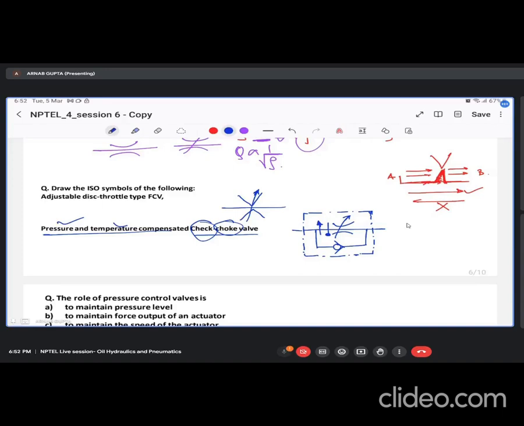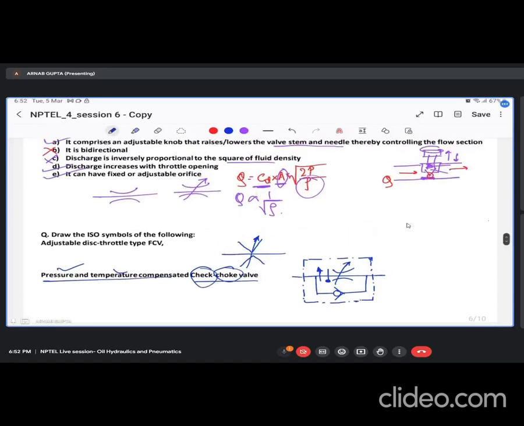Okay. Now let's talk about why pressure compensation is necessary. Generally, from this particular equation, if you see, when we reduce the cross section, say A, then your pressure is increasing.